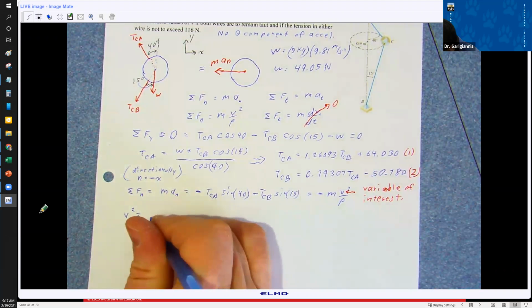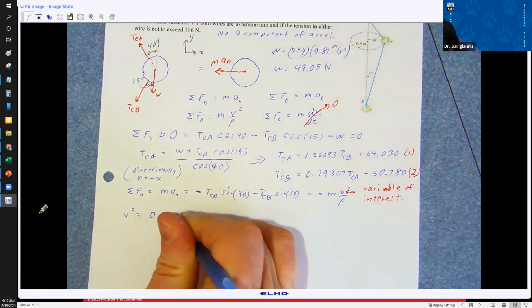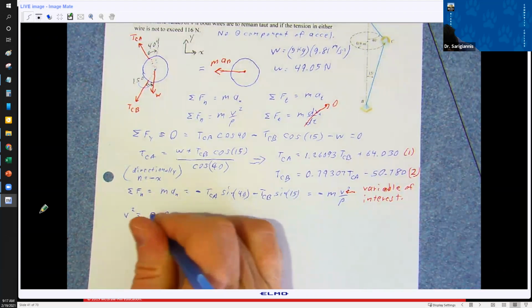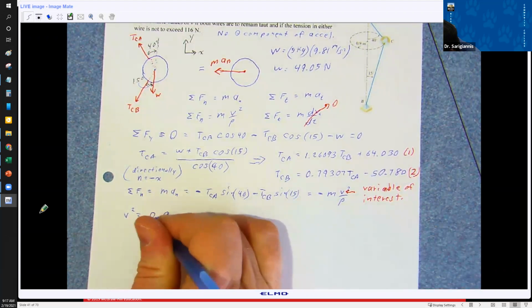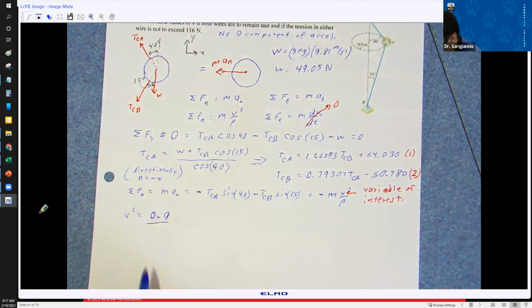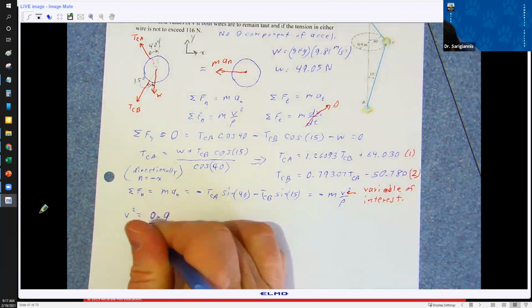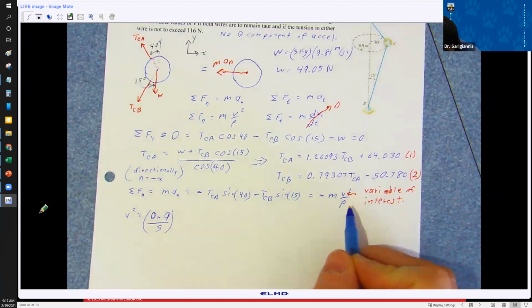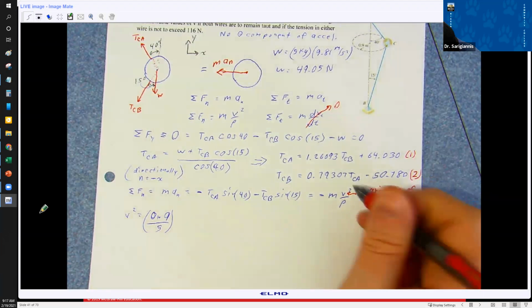So v squared equals 0.0. Oh, you know what? I'm going to write the intermediate equation. It's 0.9 over 5 for the ratios, right? Rho is 0.9.